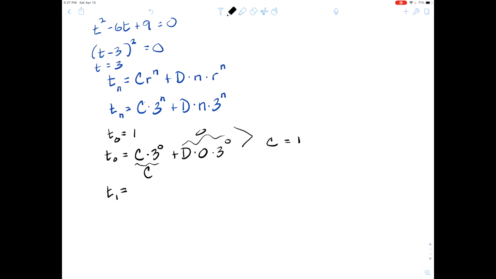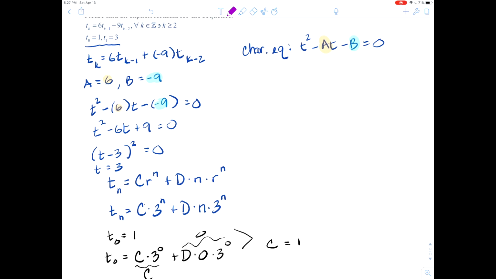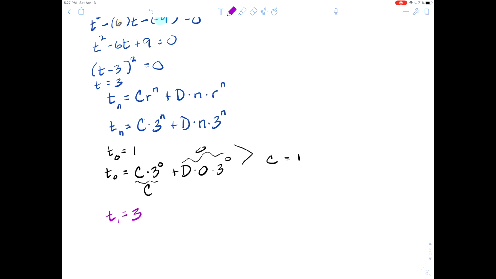All right, what about t sub 1? We were given that t sub 1 is equal to 3.